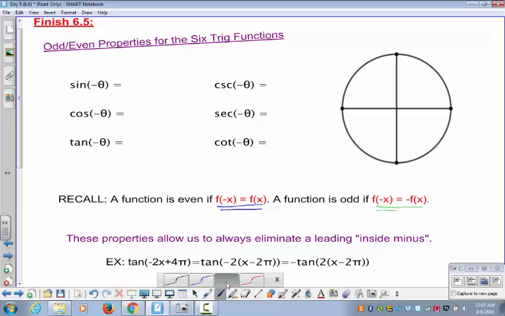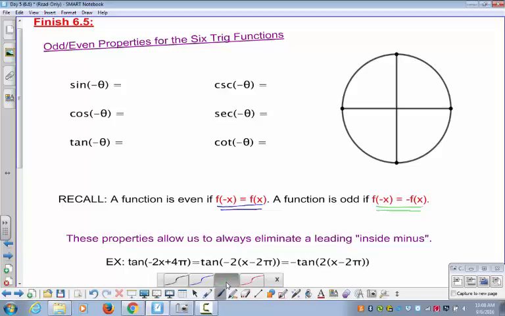Similarly, our definition of odd says that if you go the same distance from the origin, one y value is positive and one is negative, but the same magnitude. And the classic function that you studied in college algebra that was odd was y equals x cubed.